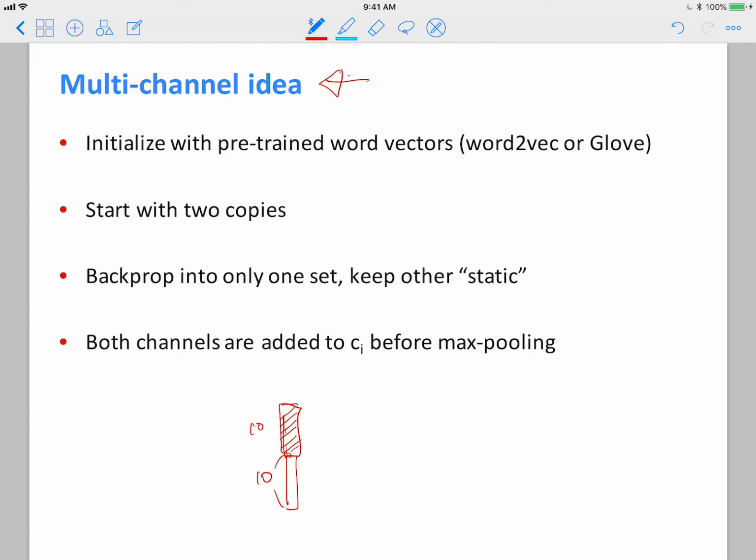That way, if our task is really prone to overfitting, and we allow our model to fine-tune the word embedding part, it will be prone to overfitting. If we have an original copy, it may be less easily overfit to our data.